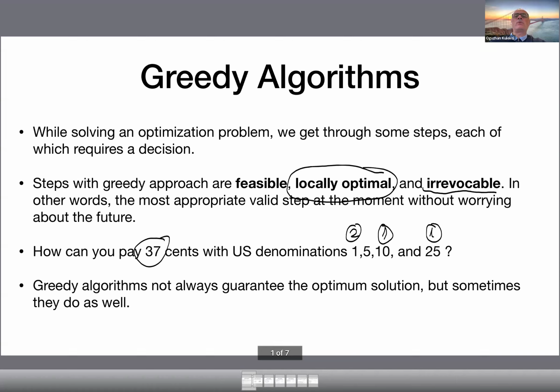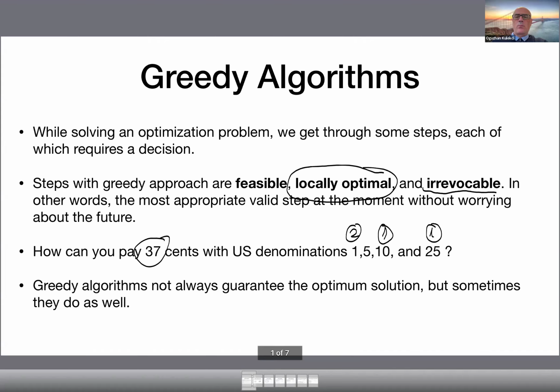I do not worry about what will happen in the future, but I do whatever I can do at best. That makes greedy algorithms very simple. And interestingly, sometimes they provide us the optimum solution. Not always, but sometimes.